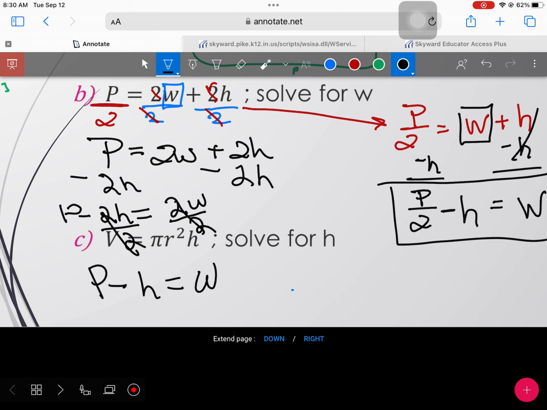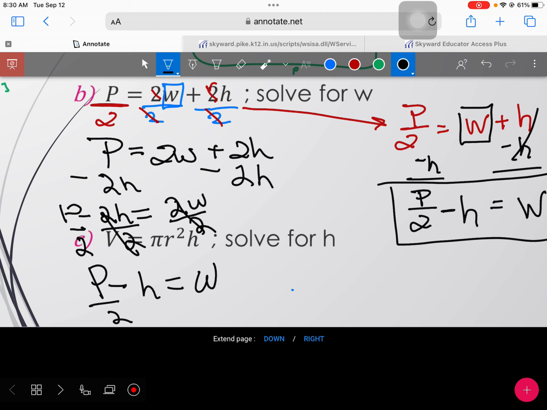So we get P divided by 2 minus the 2 over 2 simplifies, which is H, and that is equal to W. Take a look at that. Compared to that, they both give the same answer. Slightly different ways of doing it. Sometimes that can be complicated, and sometimes that can be helpful, depending upon which way you see it. Any questions on B?